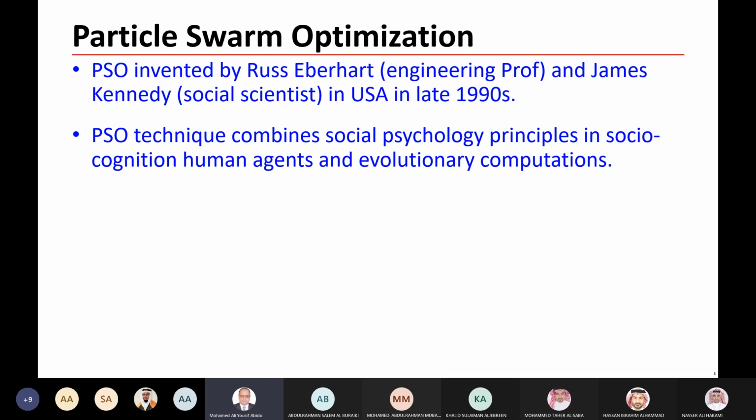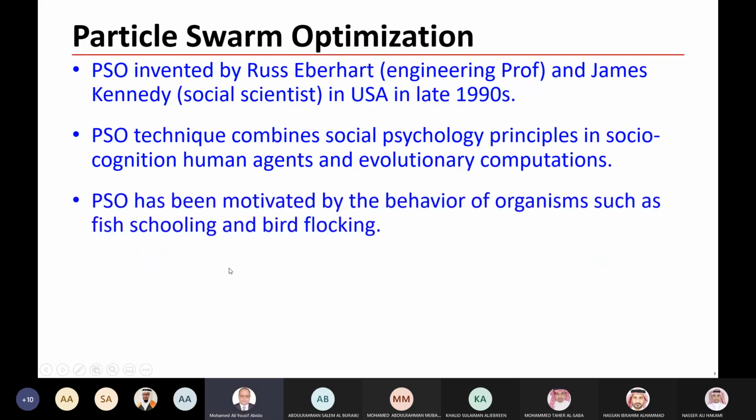It extracts the principle of the learning process, and each one can learn from his own experience and from others' experience. So we have some cognition part, and we have also some social part in this technique.